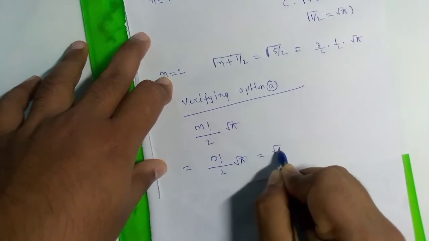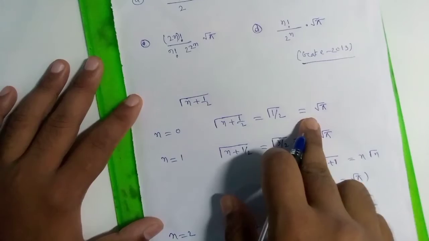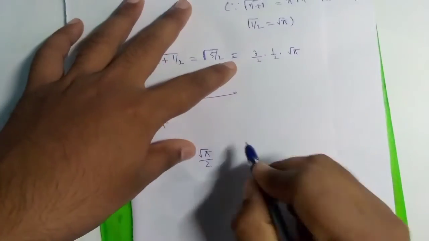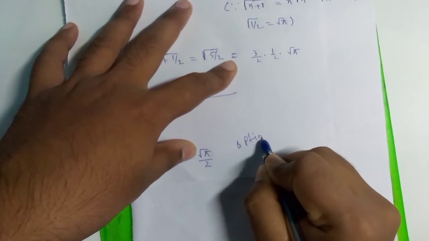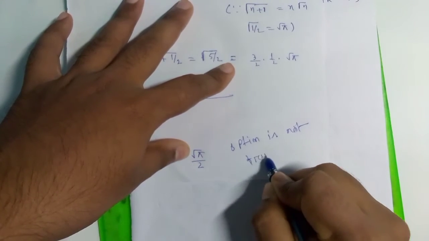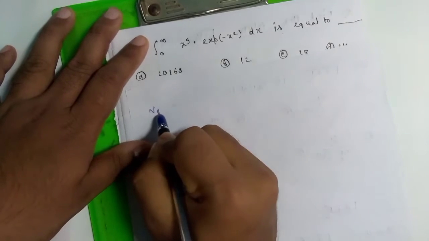This will be root pi by 2. But when we put n equal to 0, it should come root pi. So option A is not correct. Option A is not true.